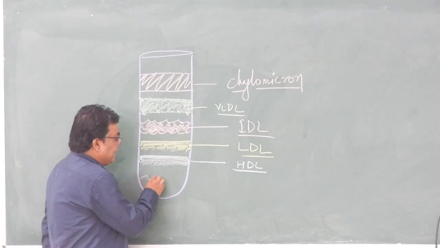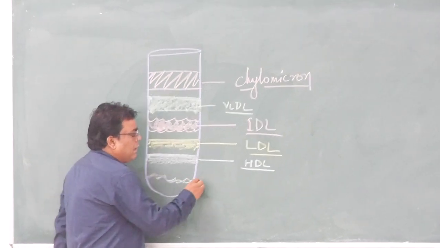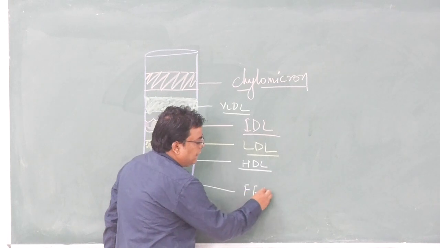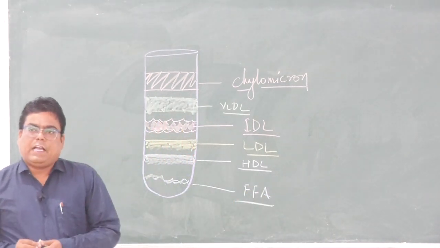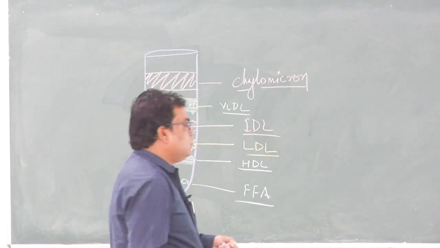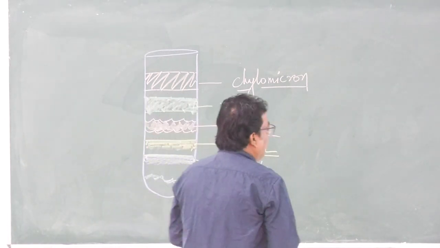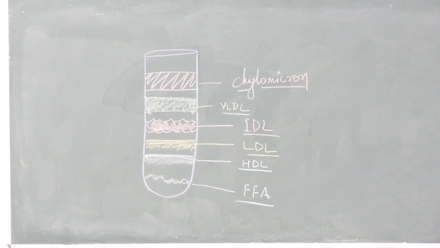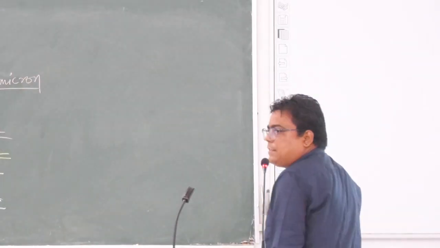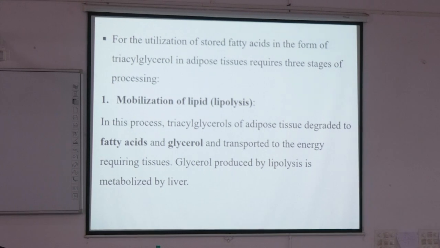Last, there are some FFA molecules deposited on the basis of density. FFA stands for free fatty acids. Okay. So when we centrifuge the whole lipid content of the blood, we get such types of fractions. How is it fractionated? On the basis of density.